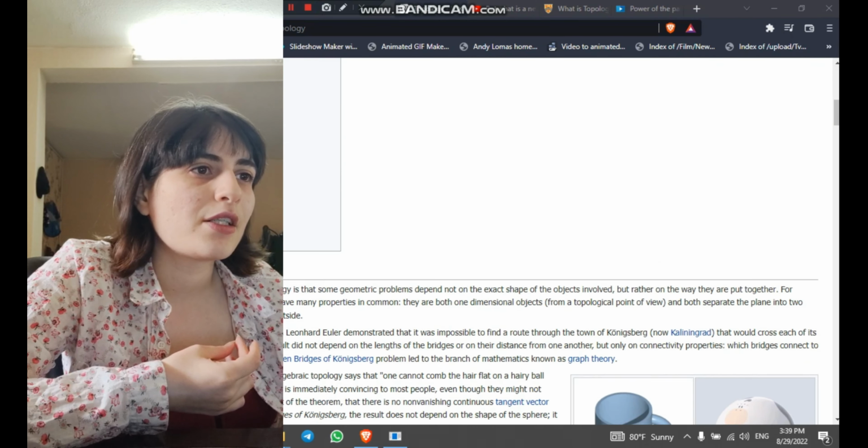Look at the boundaries and think, if I deform these pictures, can they be the same, and how can you say that? For example, you can see it here.